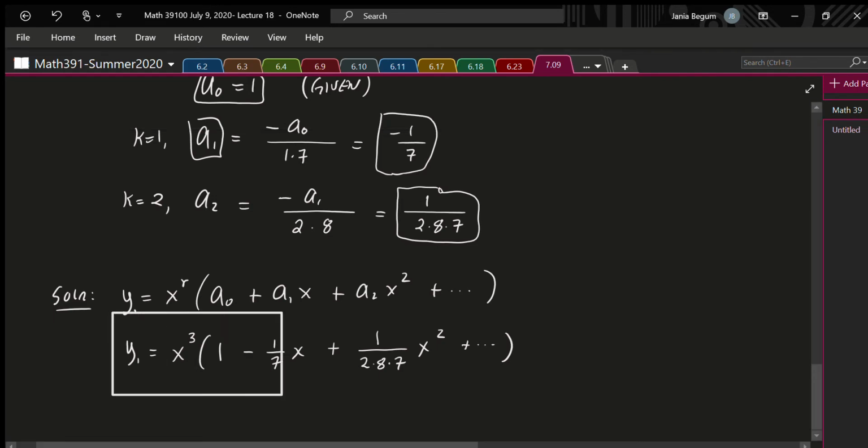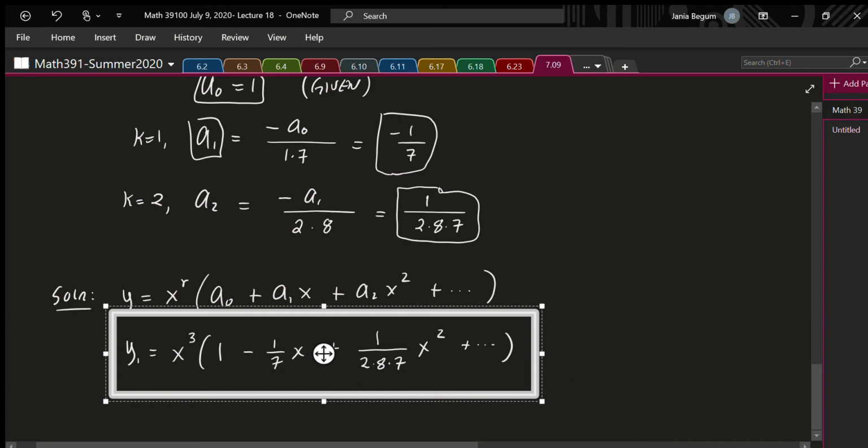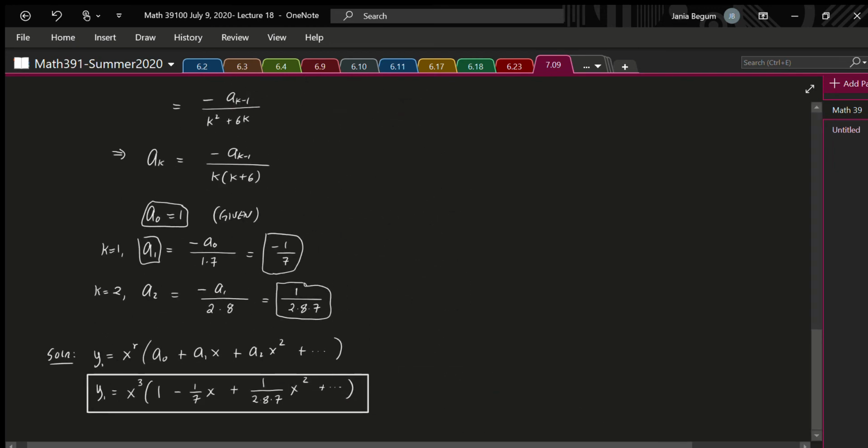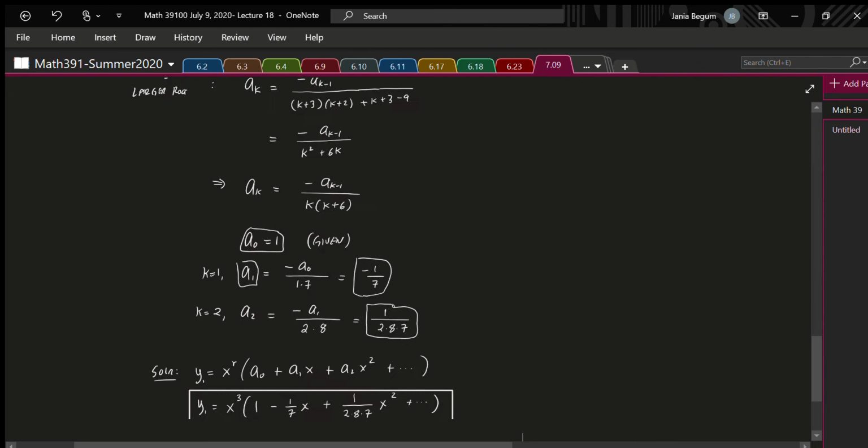And of course, your smaller root will give you y2, and together y1 and y2 will form the general solution. But we don't have that much time to compute the general solution, so we just compute the solution corresponding to the larger root or the smaller root, so just enough. Okay. So there you go, another problem for 5.5.